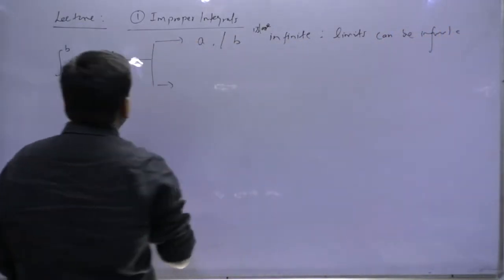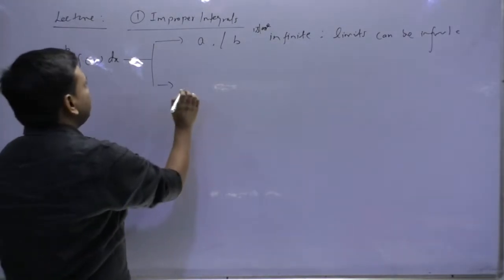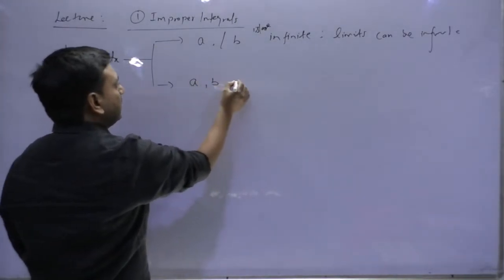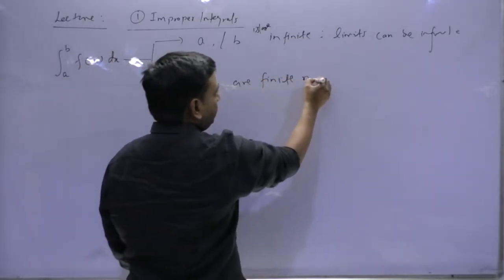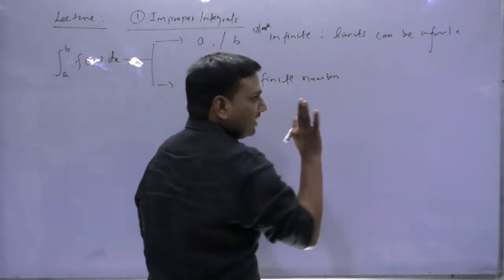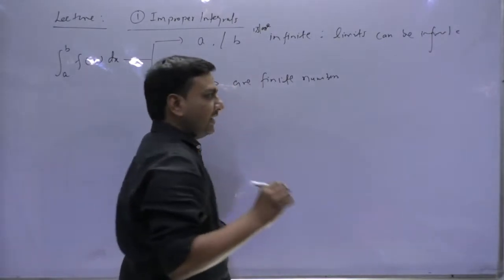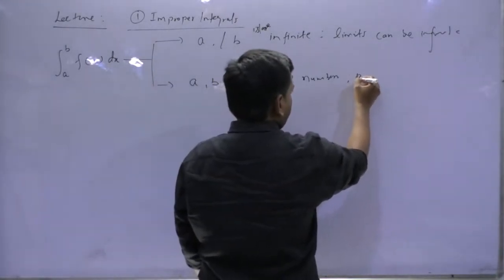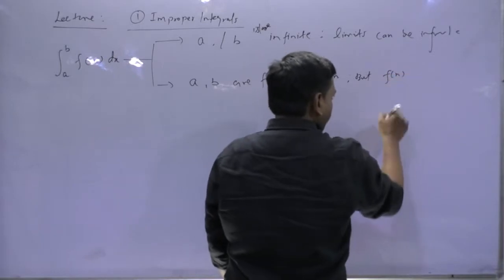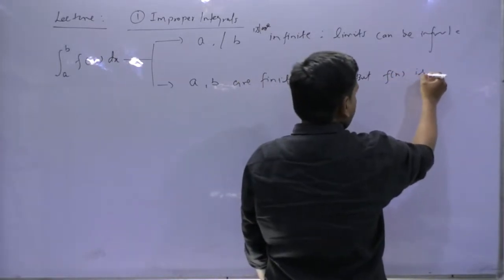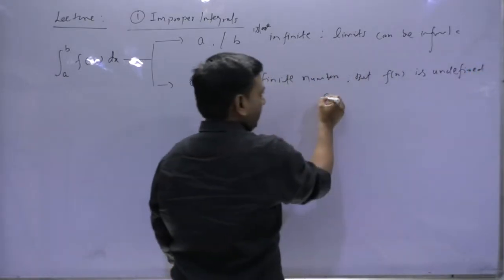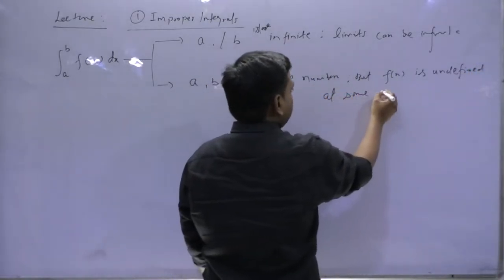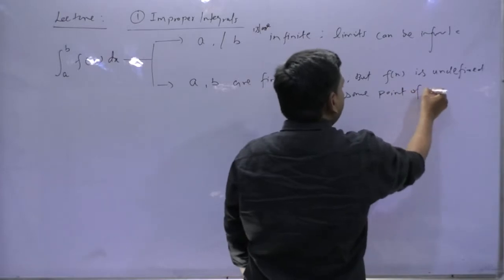That is the first possibility. The other possibility is that a, b are finite numbers, meaning limits are definite, but f of x is undefined at some point of integration.